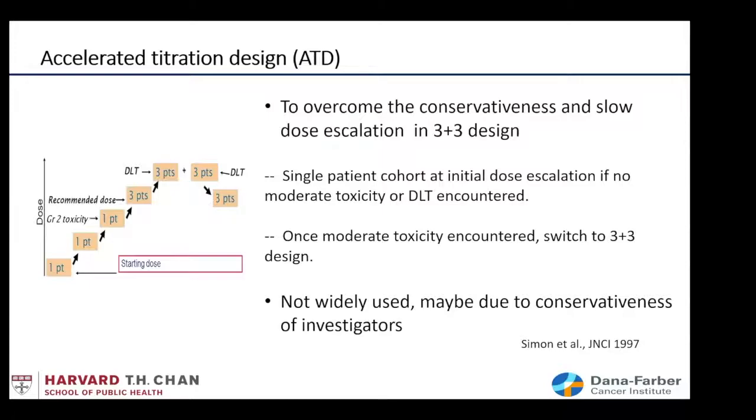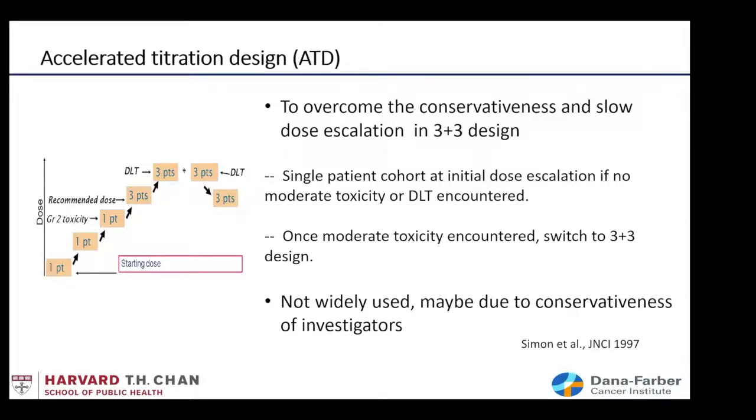At the beginning, we treat one patient as a cohort, and if no DLT, no toxicity of concern, then we escalate to the next dose level using 1 patient per cohort until at some level we start to see toxicity of concern, either moderate or any sign of moderate toxicities. Then the trial switches back into the 3+3 design.